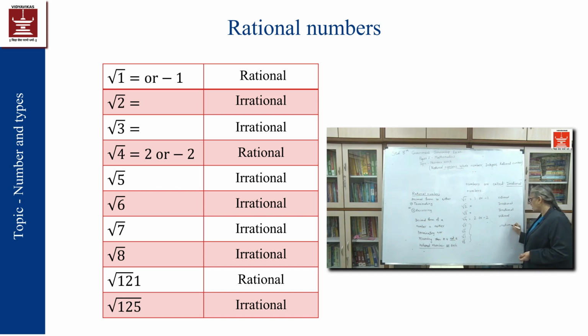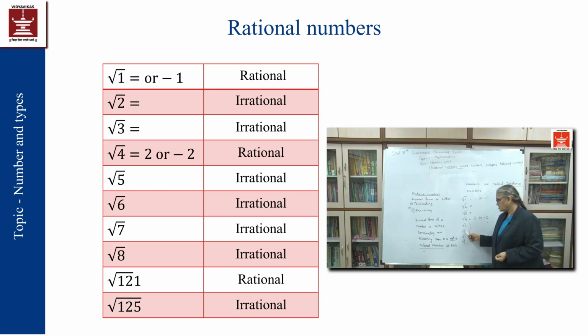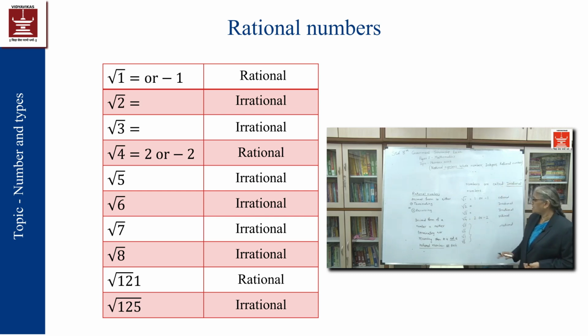If you find out the square root of all such numbers which are not perfect squares, then you will find that they all turn out to be irrational.